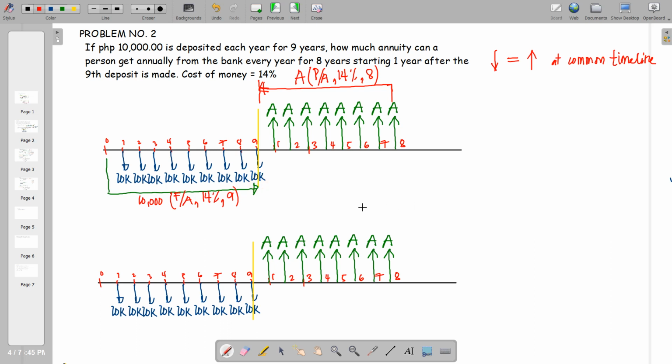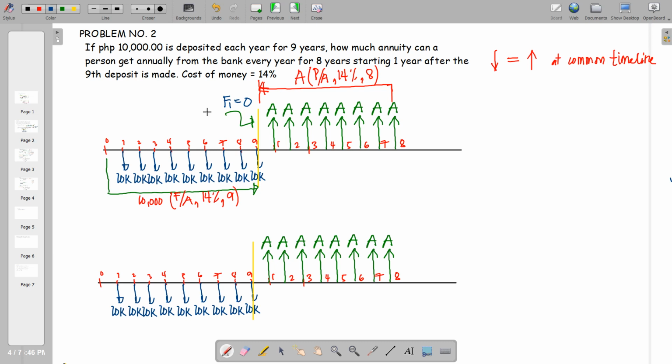So, we iterate that if I'm going to label this as F1, F1 shall equate to 0. So, ibig sabihin, lahat ng pababa will be equal to cash inflow or the upward arrows. Okay? Cash inflow.